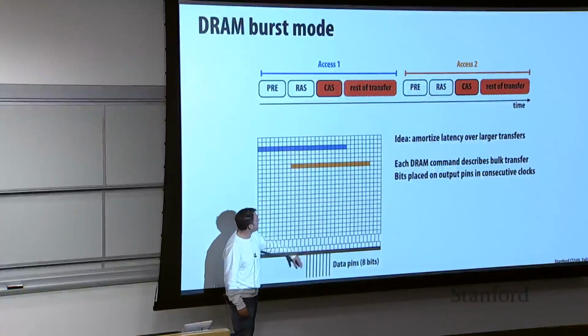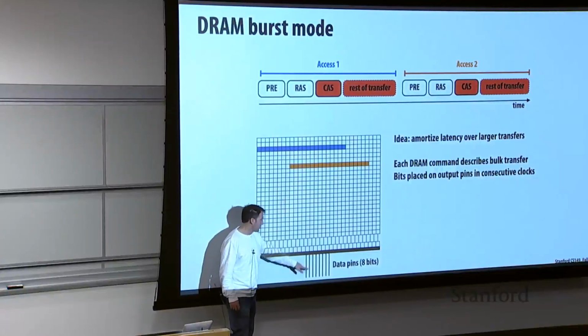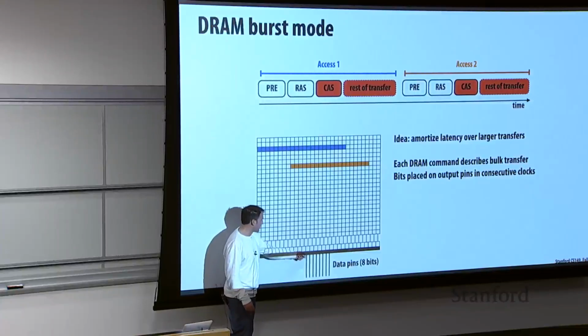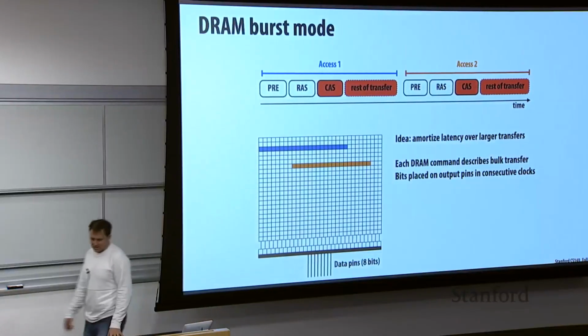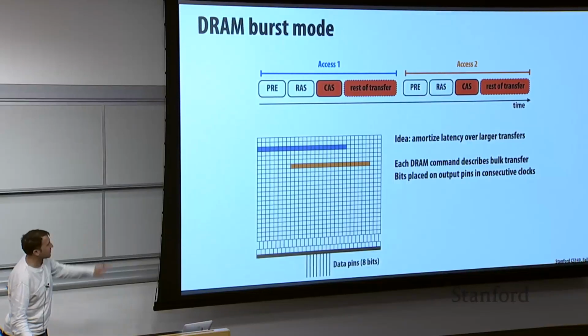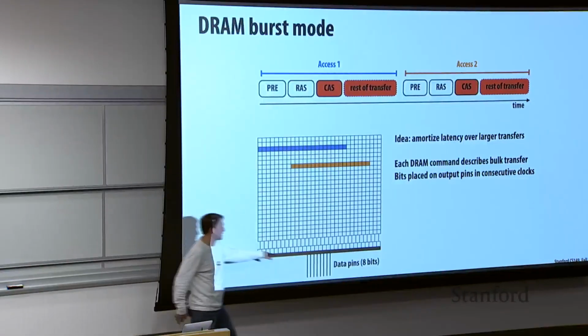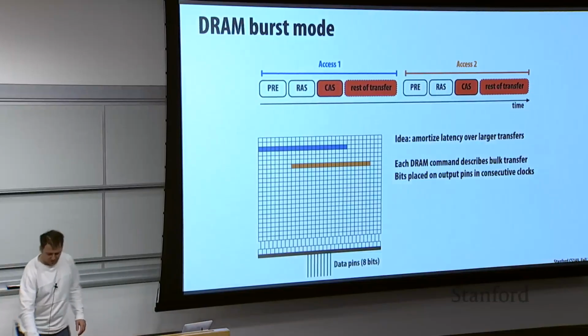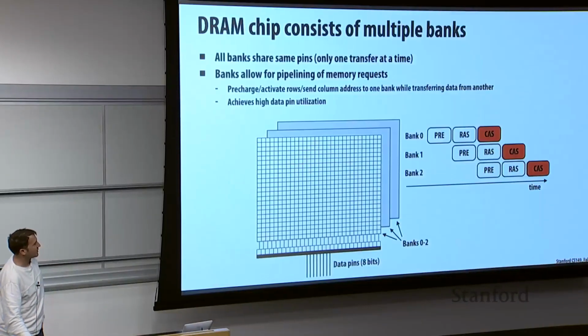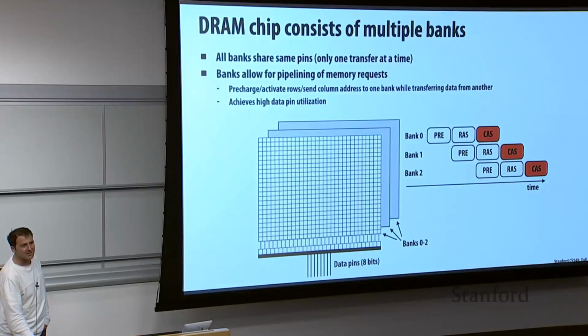Here, the outstanding requests are into the array. We're going to share the row buffer and the data pins, and we're going to build more DRAM arrays. In DRAM terminology, these are different banks.